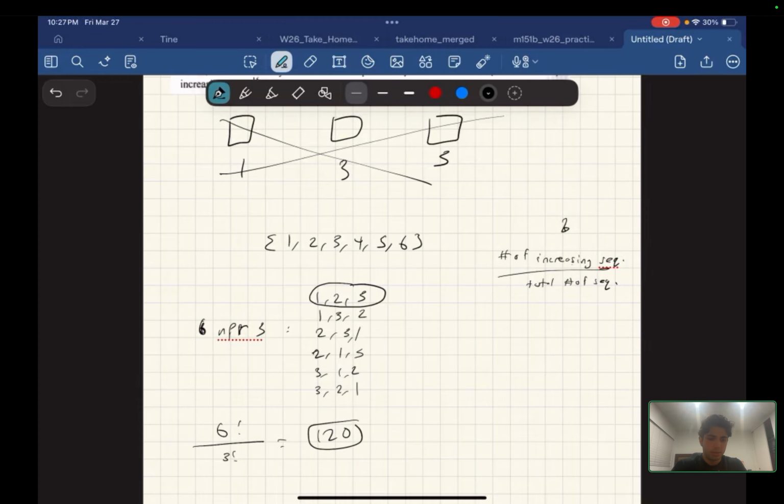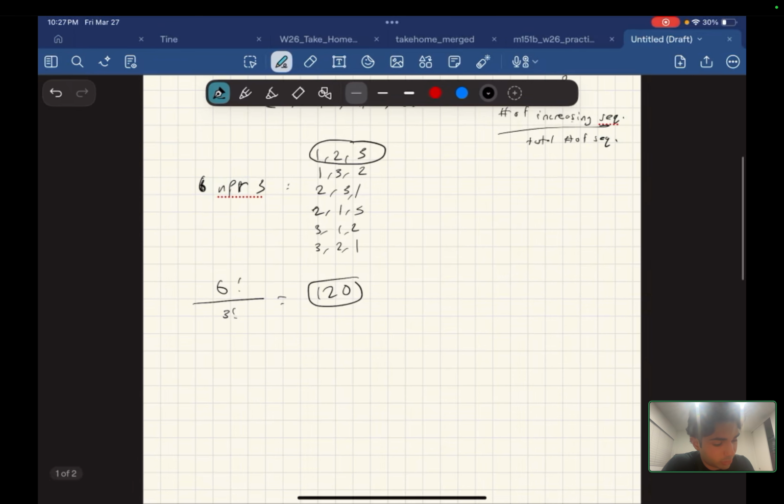The number of increasing orders is how many permutations we have, but just one of the permutations we care about. Luckily for us, the combination function, 6 nCr 3, aka 6 choose 3, is just a distinct unique choosing of 3 numbers. So we're still going to have unique numbers. 1, 3, 3 is not allowed. 1, 2, 3 is allowed.